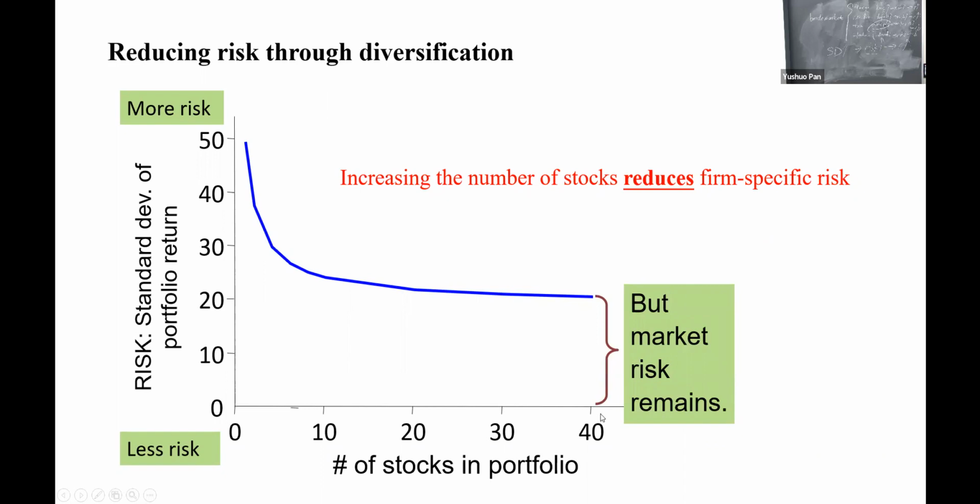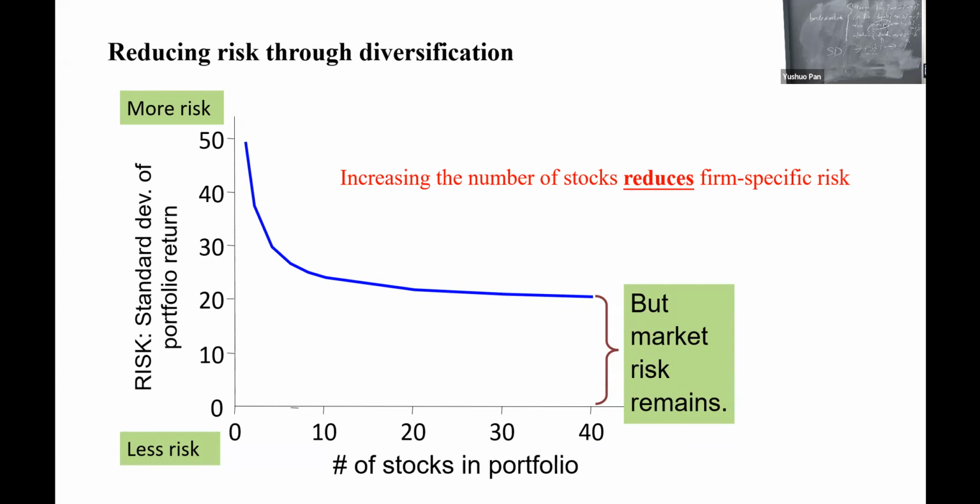When I have a huge enough number of stocks in my portfolio, my returns converge to some number. It will not equal 0 or be close to 0 because there's still some market risk there, right? The market risk means things like revenue or interest rate.